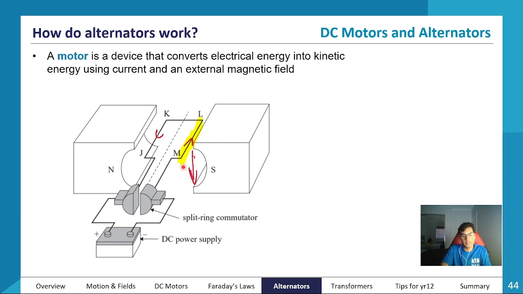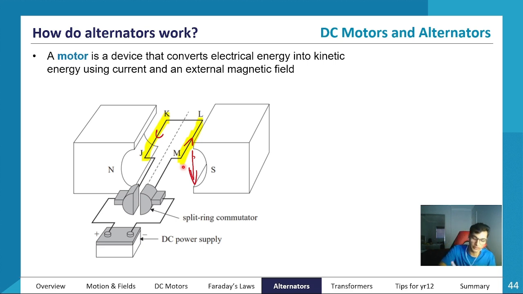If you were to do the same exercise on the other side, JK, we know that the current is going from K to J, so it's coming towards us. So we point our thumb towards us. The magnetic field is still the same direction, going from north to south, so we point our fingers to the right-hand side. From this, our palm is pointing upwards.